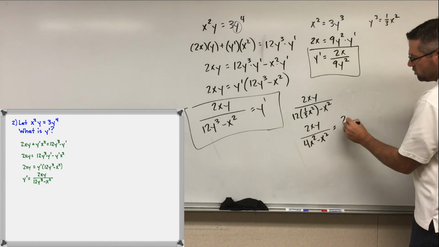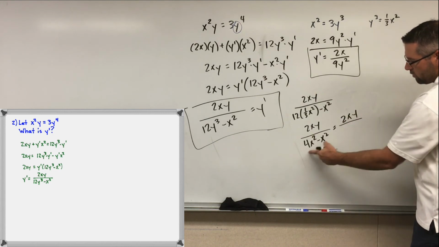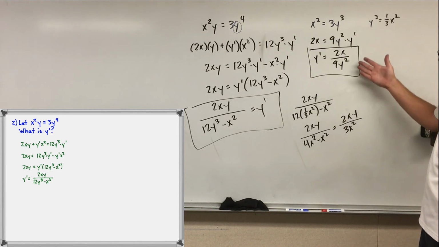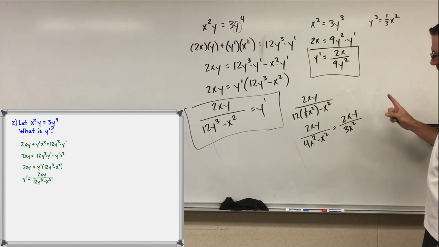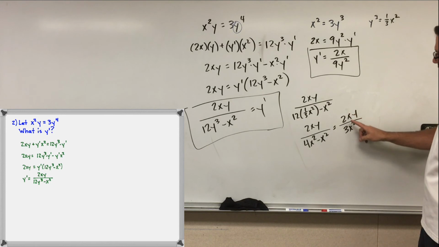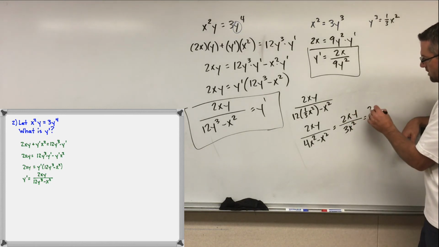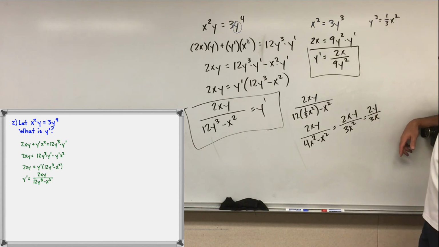And so we end up with 2xy over, those are like terms, 3x squared. And you might be going, well, that's still not the same thing. You're right. We can reduce the x and the x there if we wanted to. So we could even say this to be 2y over 3x. That's nice. But how does that equate to that?